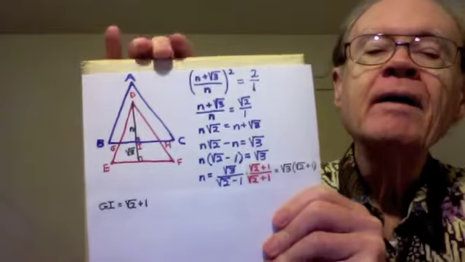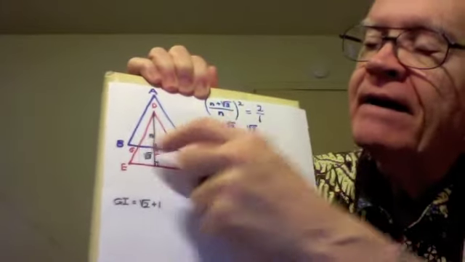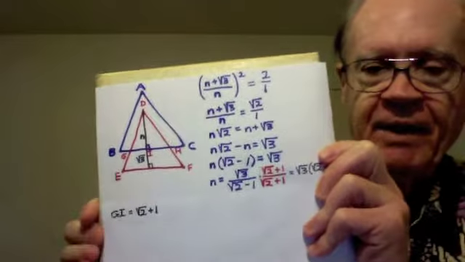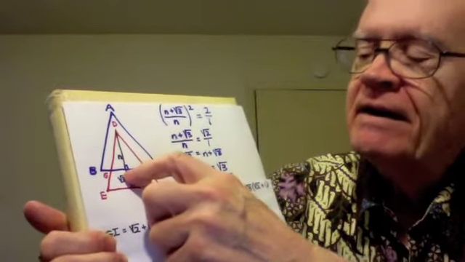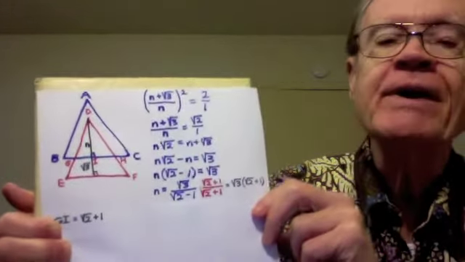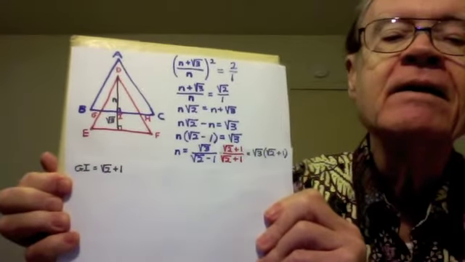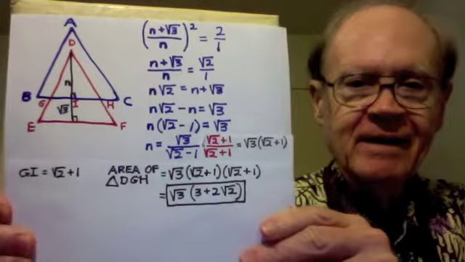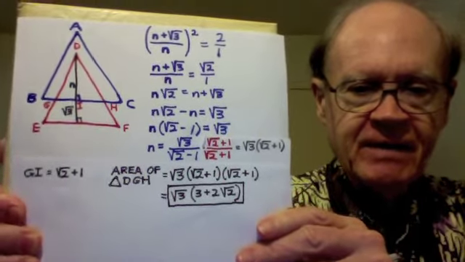Now we look at triangle GDI. It is a 30-60 right triangle, and because of that, the length GI is that length N divided by root 3. And so GI is root 2 plus 1. Now the area of a triangle is 1/2 its base times its height.